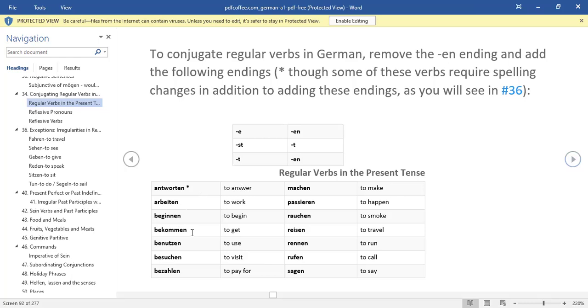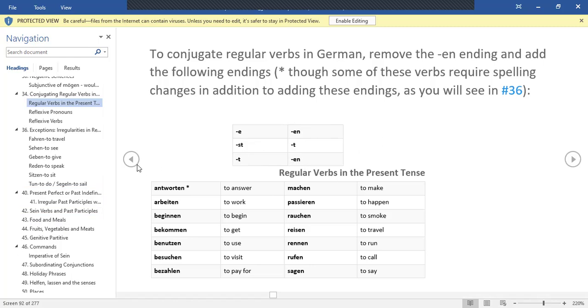So we are told to conjugate these regular verbs, we have to remove the ending and add the following endings. The following endings are these ones: we have e, we have st, we have t, we have en, we have t, and we have en. So these endings go according to the subject.